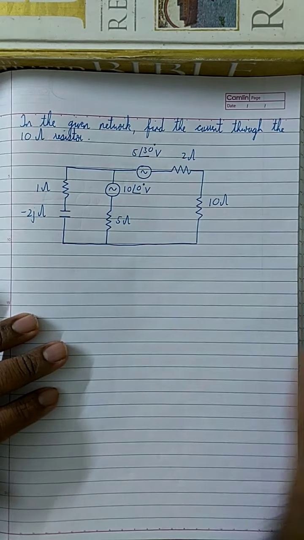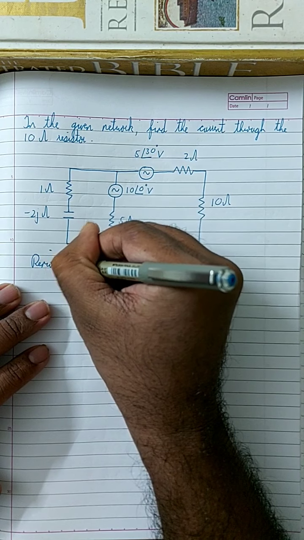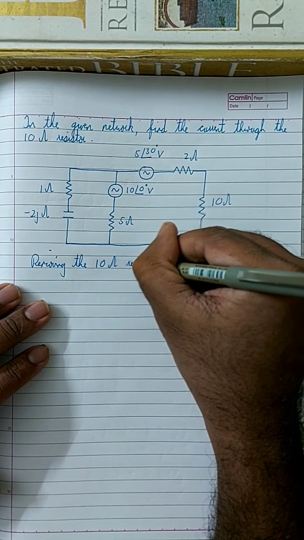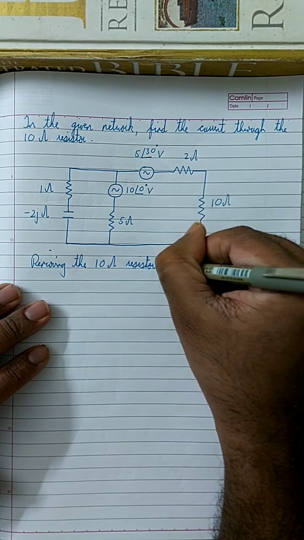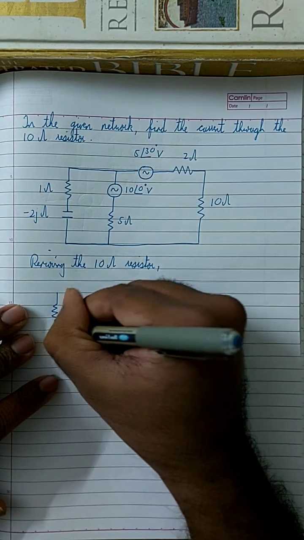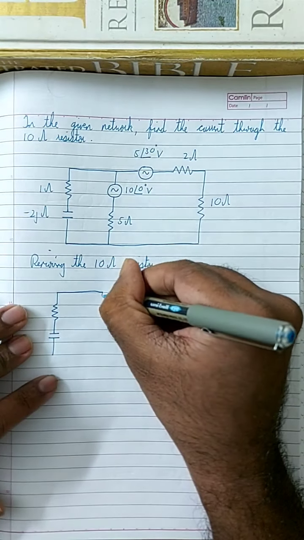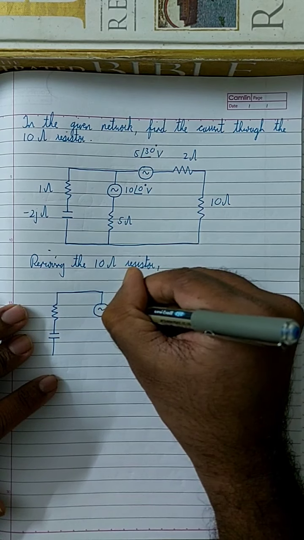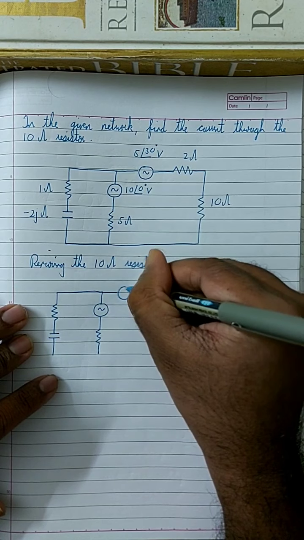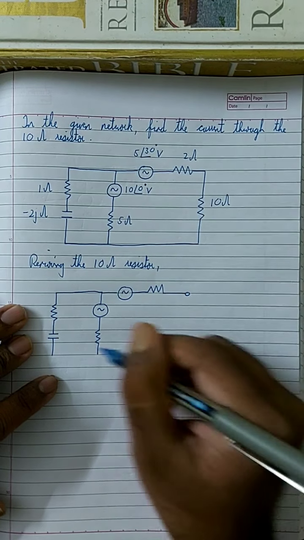Therefore, removing the 10 ohm resistor, the circuit now is this resistor and this capacitor over here, and this voltage source over here, this resistor, another resistor over here, another voltage source over here, and another resistor over here, and this point.